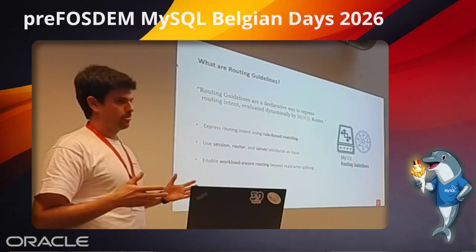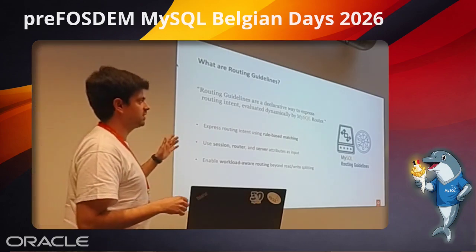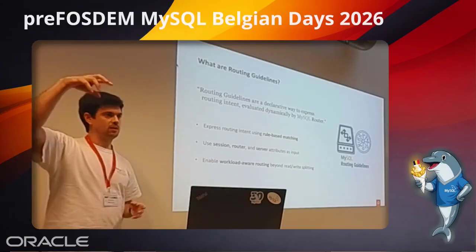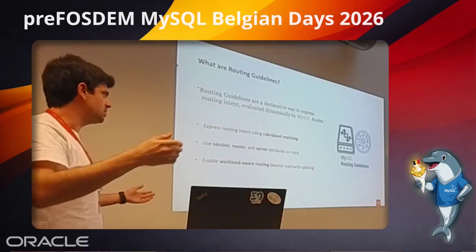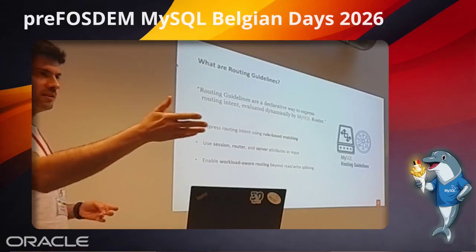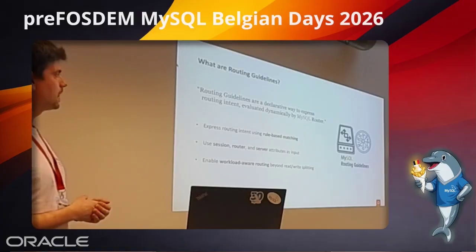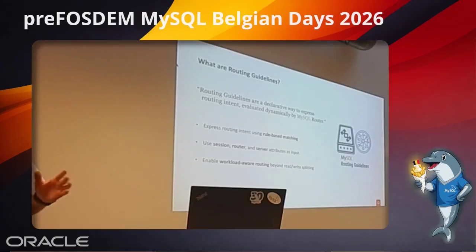They are a declarative, you will understand why declarative, way to express the intent of routing, and they are evaluated by MySQL Router. That is the middleware that sits between the application clients and the topology to do the query routing and forwarding that Vittorio spoke about a bit before. And these guidelines are based on rules.